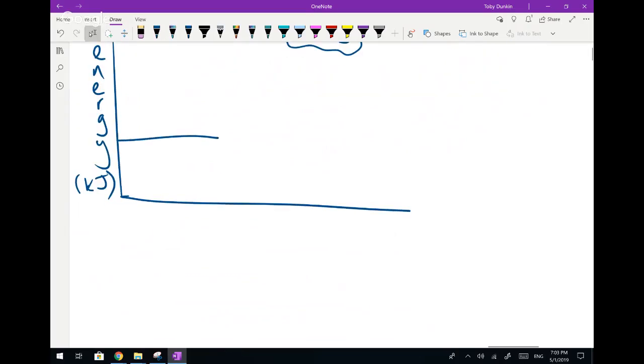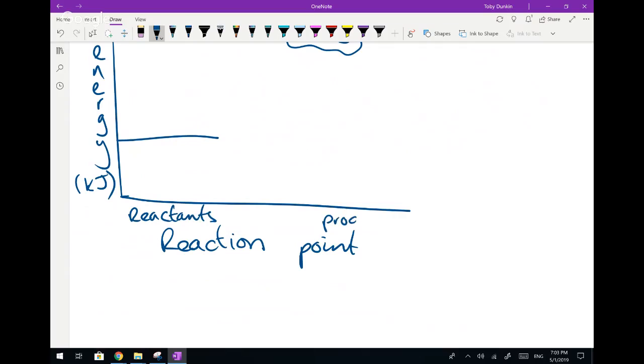On the bottom is reaction. I could put reaction time, but they don't often do that. They do reaction point. So reactants are over here, aka the start, and we're going to have products at the end.